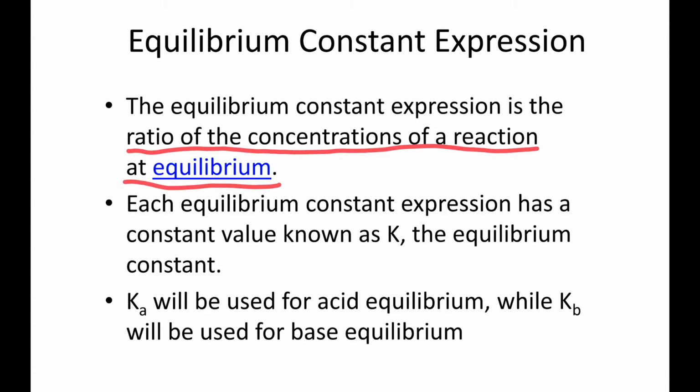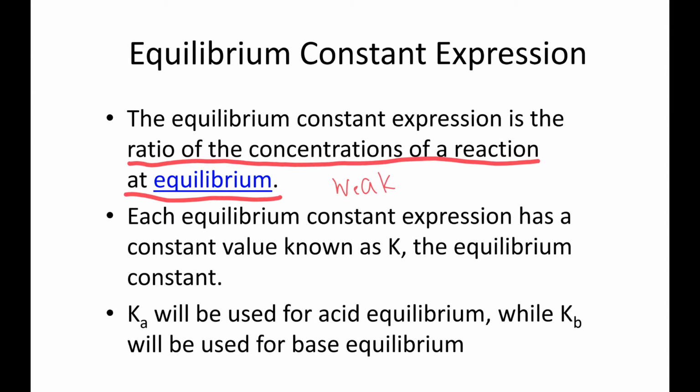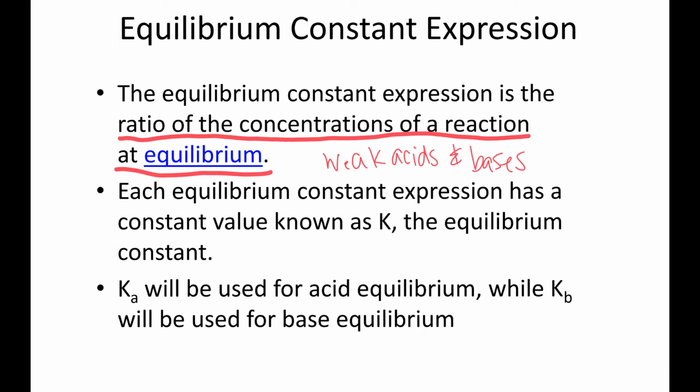For those of us who do not recall what at equilibrium is, these are for our weak acids and bases. This means we will not be dealing with strong bases when we're talking about our equilibrium expression constant.